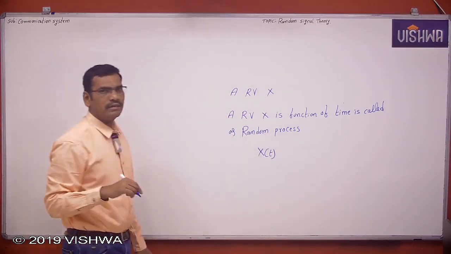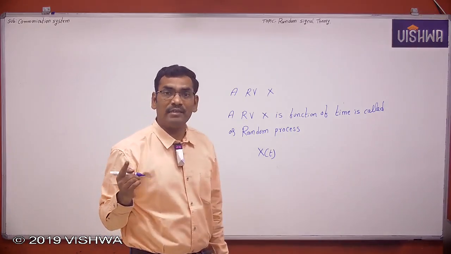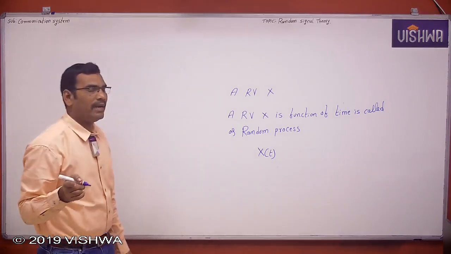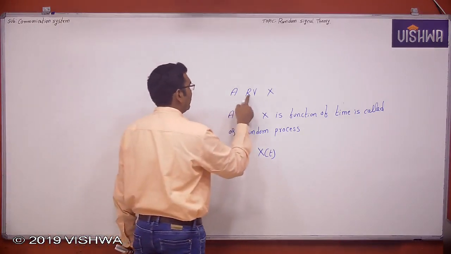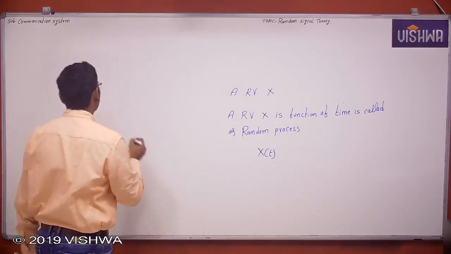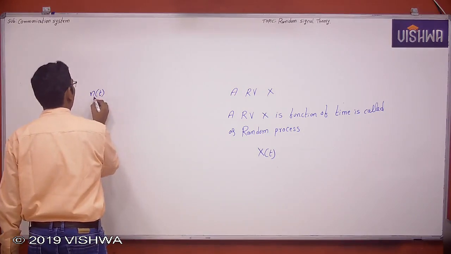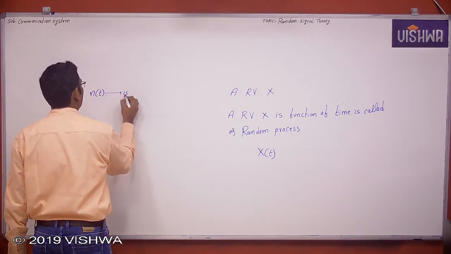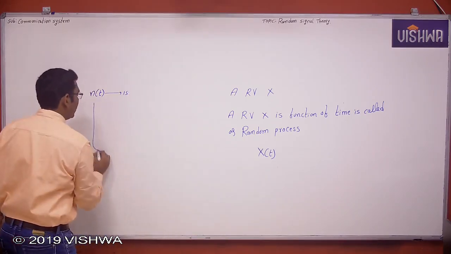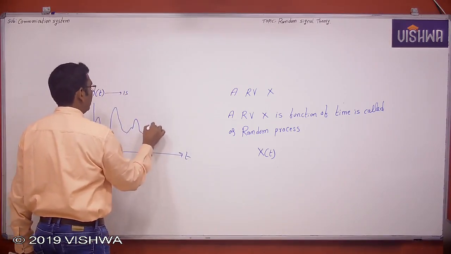Now my question: the random signal theory concept is for the purpose of explaining the behavior of the noise signal. Then keep that particular point in your mind and tell me, is noise a random variable or a random process? You know that, because the noise voltage, let us take this is the noise voltage, is continuously varying with respect to time. We cannot predict how much the noise is at this particular instant of time.